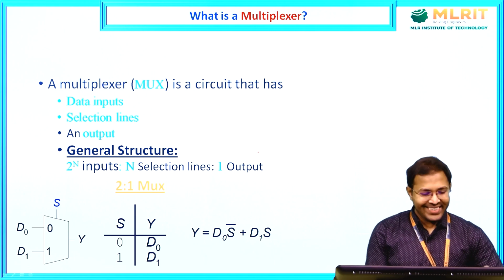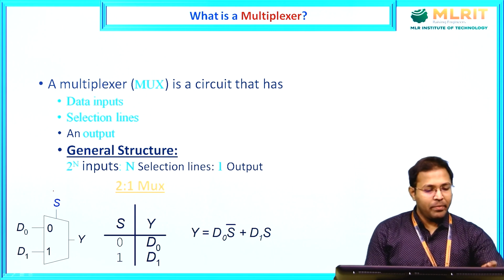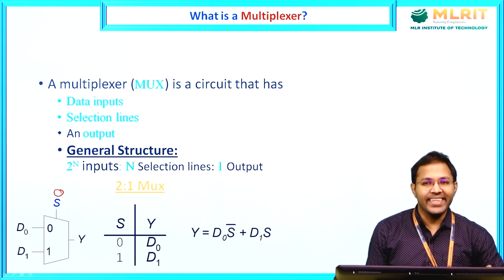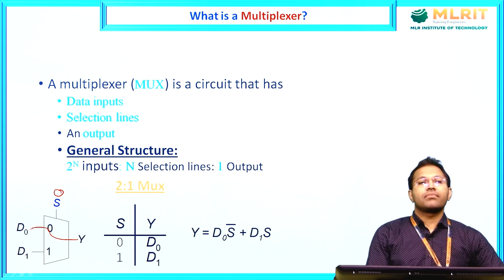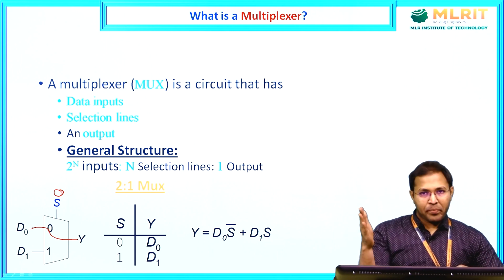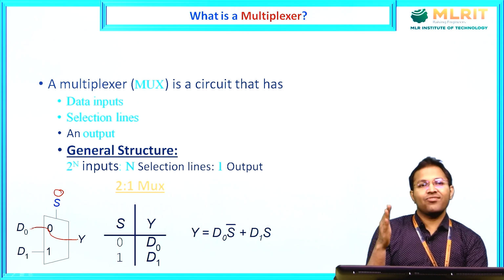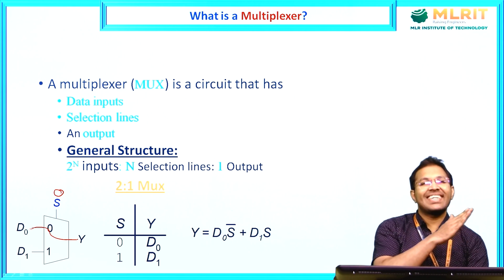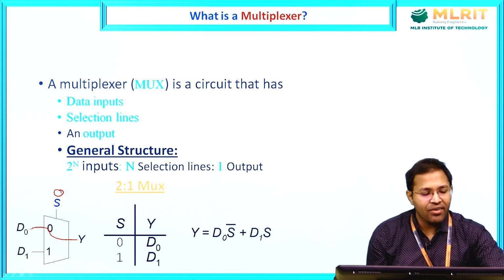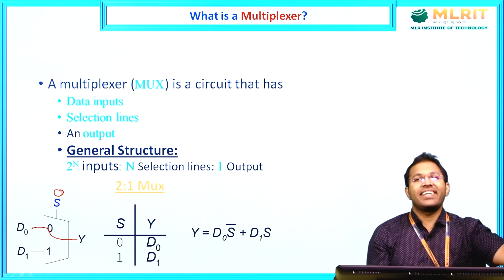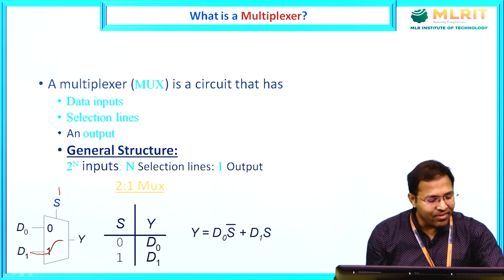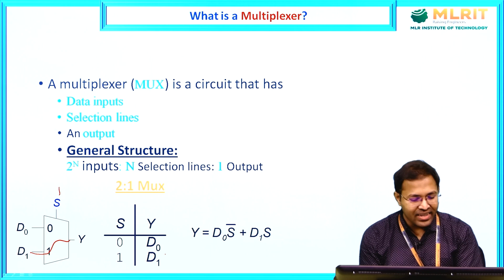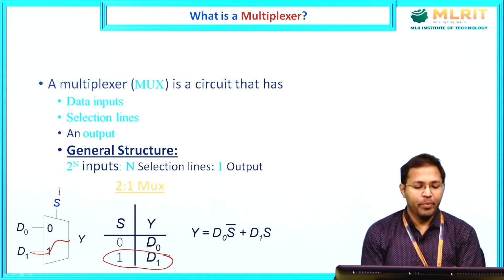Now the truth table is very simple. If the selection line is 0, I repeat, if the selection line is 0, then Y is simply equal to D0. So now you can view this as a switch, one which either connects D0 to Y or connects D1 to Y. If the value of this bit is 0, it connects D0 to Y. Suppose we give a 1 here, then it connects D1 to Y. So when we give 1, the output is D1.